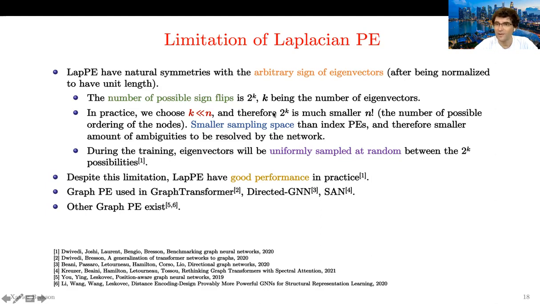So again, we don't have any choice. In practice, what we do is uniformly sample at random the signs of the eigenvectors, in such a way that the network will try to learn this invariance. Fortunately, we don't need too many eigenvectors, which is much smaller than the number of nodes. But still, this is a limitation.